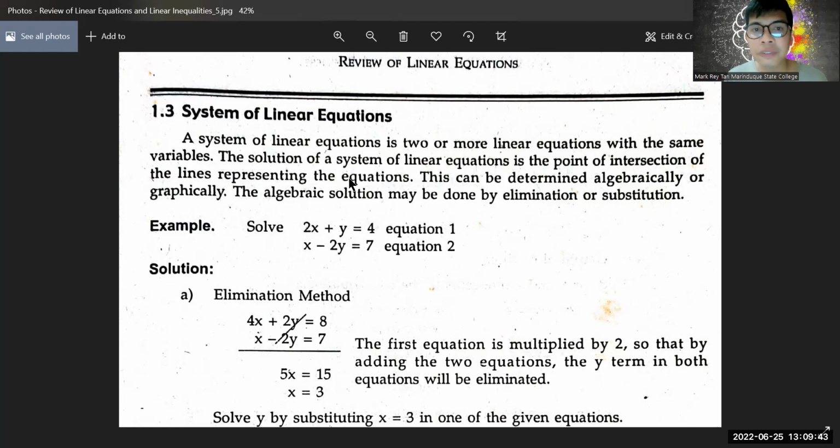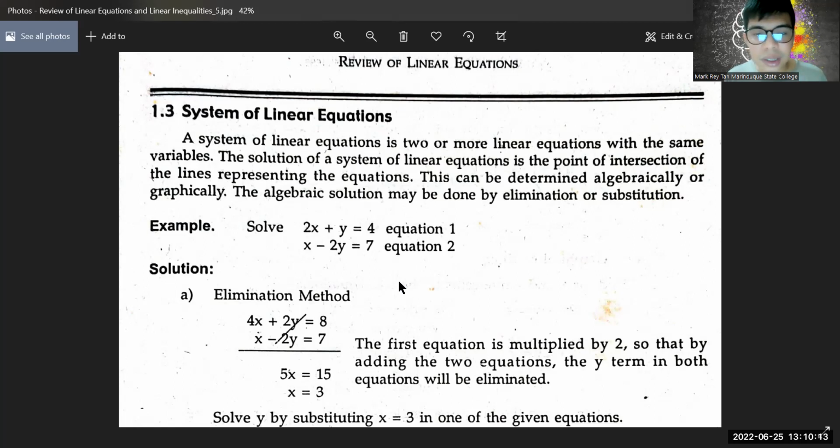The solution of a system of linear equations is the point of intersection of the lines representing the equation. So, actually, ganun lang din to class, no? Katulad ng solution ng pag-solve natin sa linear equations in two variables, ganun lang din yung gagawin natin ditong procedure. We're going to get the value of x and y, and then once may mga coordinates na tayo, ipa-plot natin sa Cartesian plane.